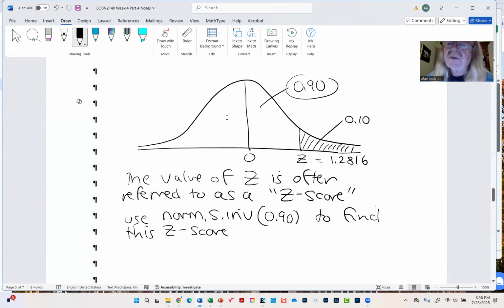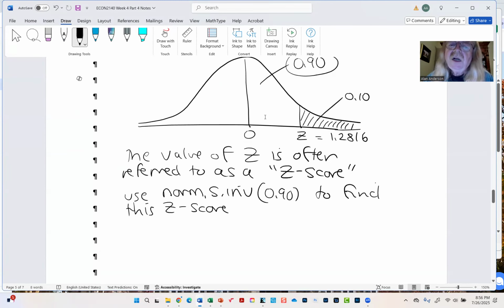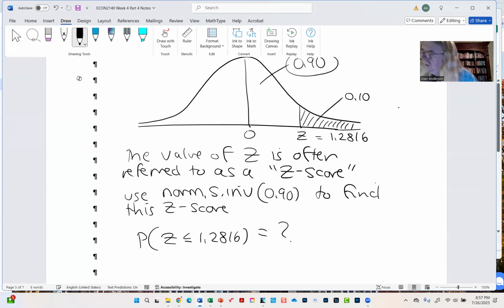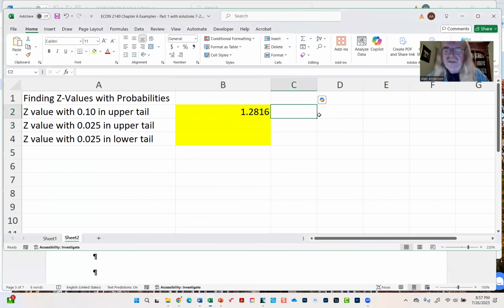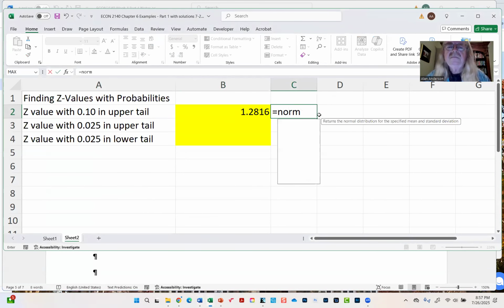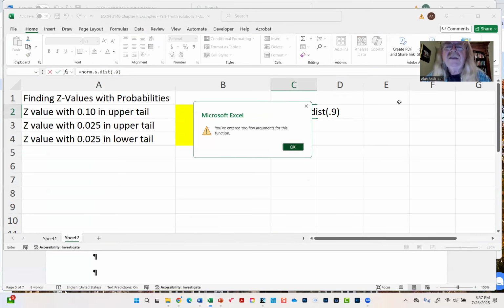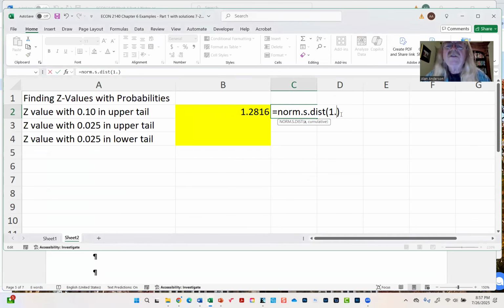Now, if you're skeptical that you did this correctly, what you could do is double check like this. And you go back to Excel and you say, well, what is that probability? Oops. No, not the 0.9, the 1.2816.